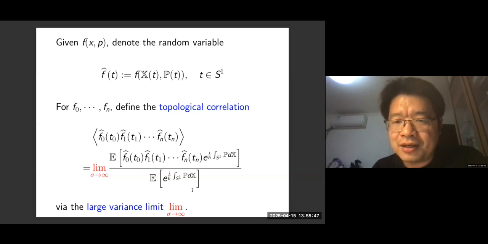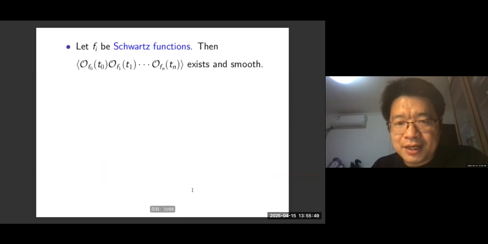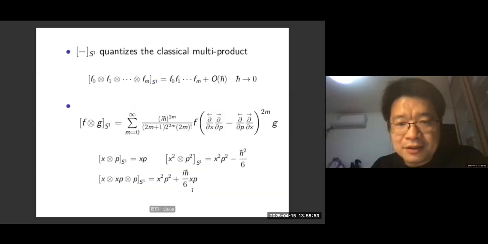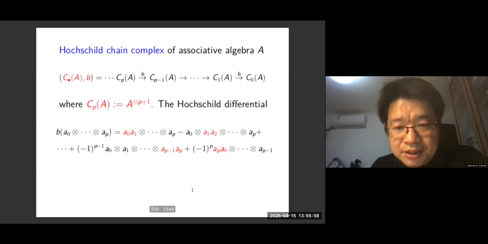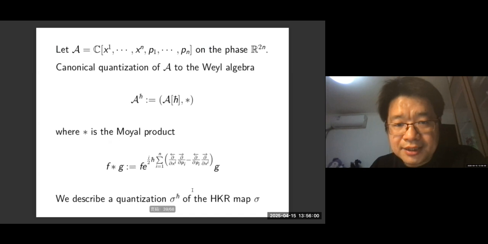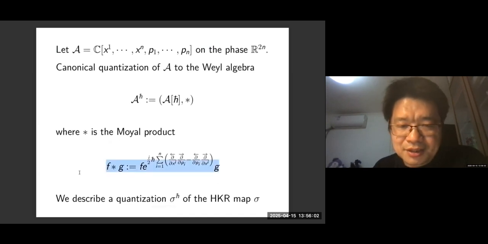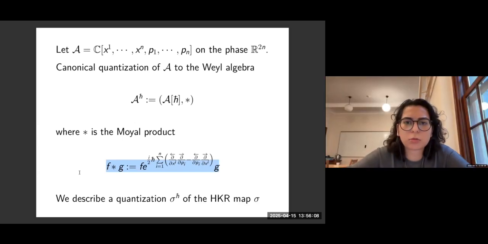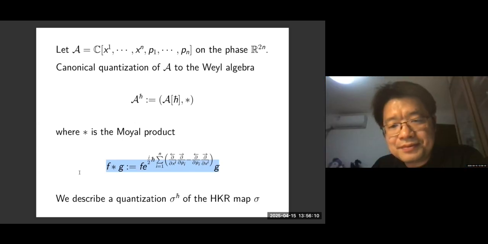The commutator is H bar. So in the quantum case you find this quantum product basically. Thank you very much.